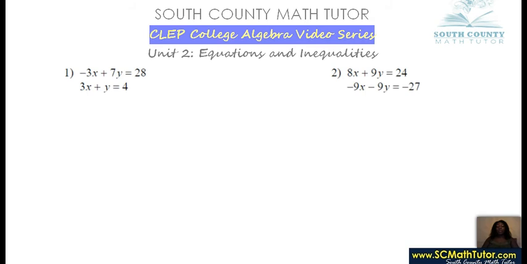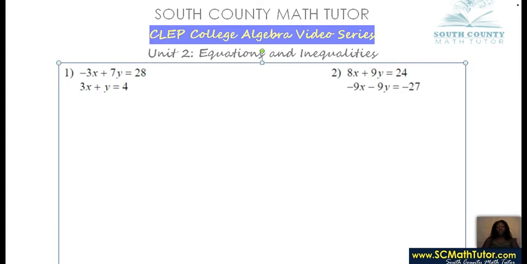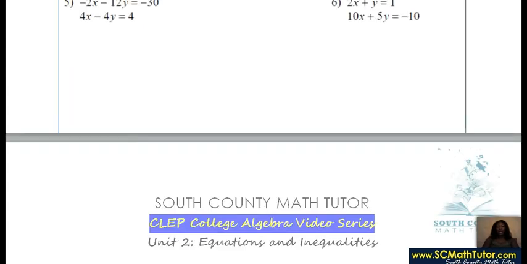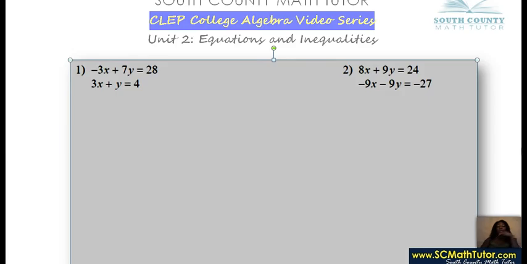Solving systems of equations by elimination. First, I want to show you the motivation for them. We're all going to learn this by examples, so we're going to look at examples and figure out what's the best method just by looking at it. Right now we're going to deal with elimination.